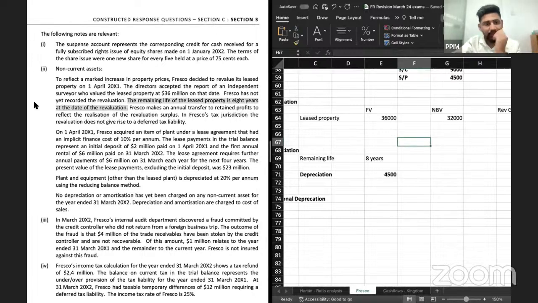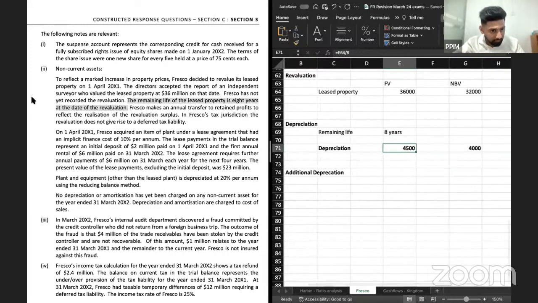Technically, your depreciation should have been 32,000 over 8, 4,000. But it is 4,500, correct? Gone up by 500.